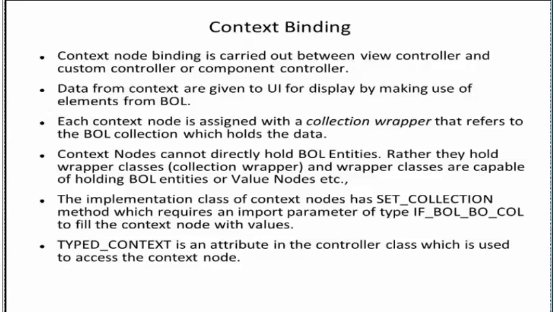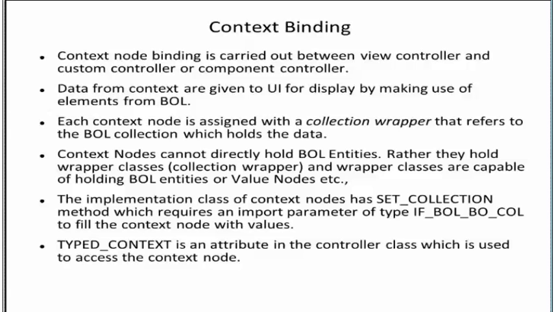The context node is not capable of storing it directly, but it has a collection wrapper which will store this BOL entity. So these BOL entities are stored into the collection wrapper, and the collection wrapper is assigned to the context node. And this context node has methods like SET_COLLECTION and GET_COLLECTION, which will set and get the collection from the collection wrapper. And the type of parameter which it expects is IF_BOL_BO_COL, which means it's a collection. So this is how the storing of data happens.